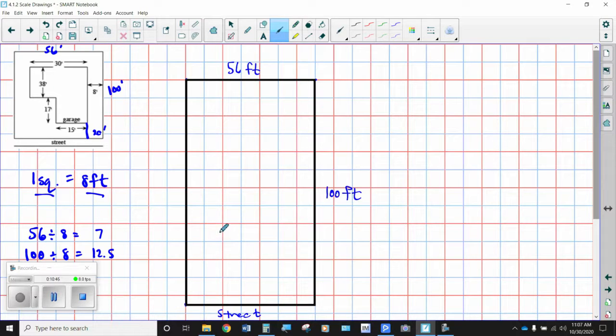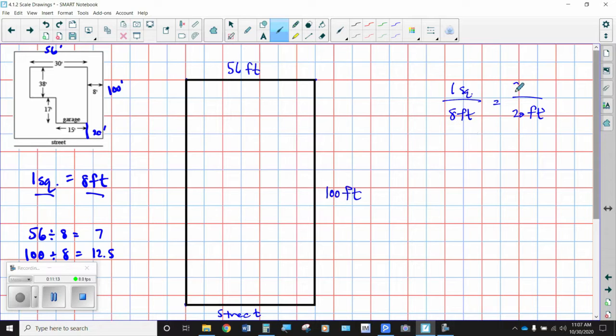20 feet is going to be how many of these? 2 squares is 16 feet, and another half of a square is another 4. So let me use my proportional reasoning here: one square is equivalent to 8 feet, then for 20 feet, what do you multiply times 8 to give you 20?